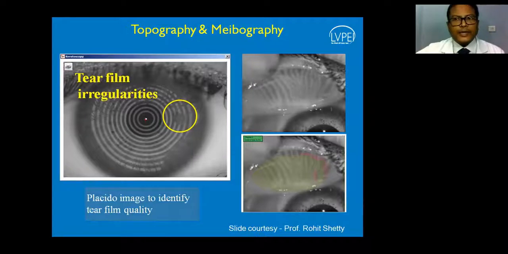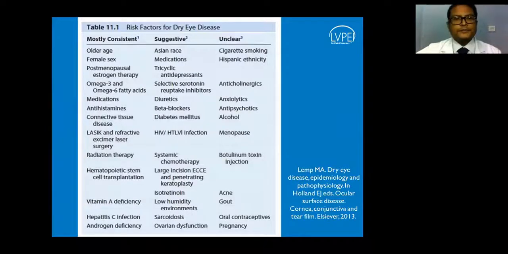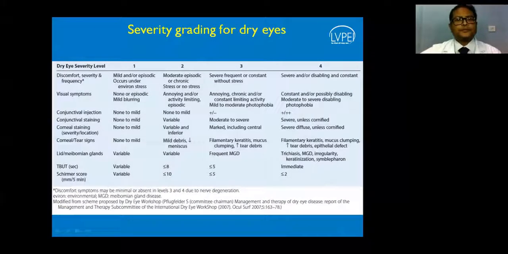The risk factors for dry eyes include older age, female gender, postmenopausal estrogen therapy, medications like antihistamines, connective tissue disorders, refractive surgery, radiation therapy, etc. It's quite an extensive list, but these are the conditions which are the most common and which are the most consistent risk factors for dry eye disease.